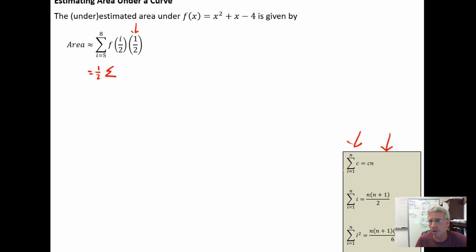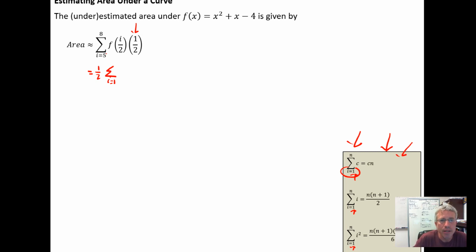The second thing I want to recognize is that my summation shortcut formulas required that the lower bound of summation start at 1. Here I'm starting at 5, so I have to rewrite my summation to start at I equal to 1 if I want to use the summation formulas.